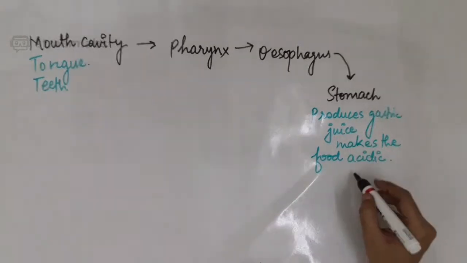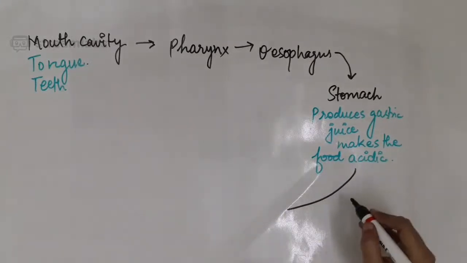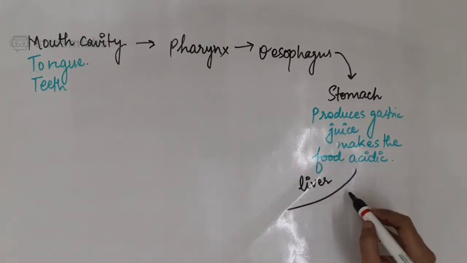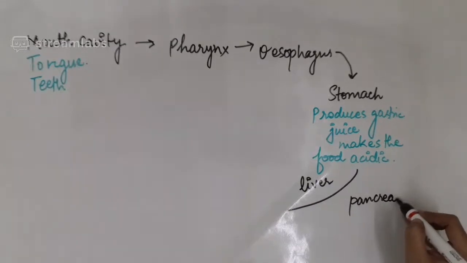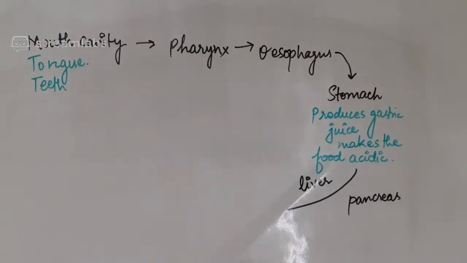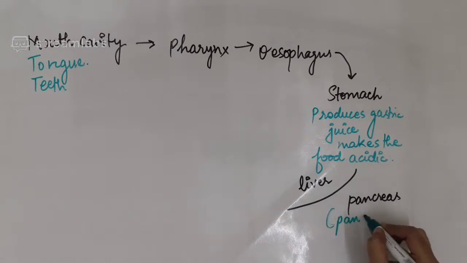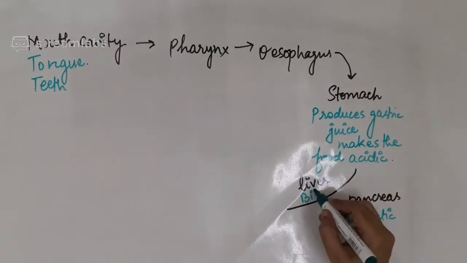From the stomach, the food goes to the small intestine, and also the liver and pancreas mix their secretions, that is, the pancreas secretes the pancreatic juice and the liver produces bile.